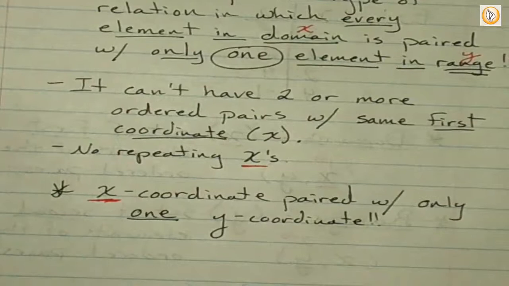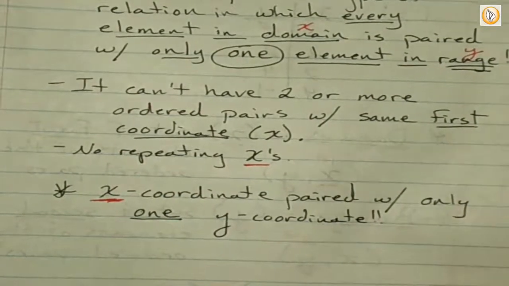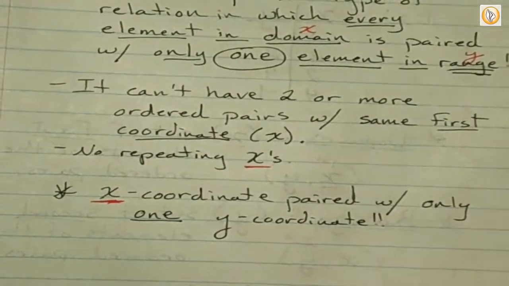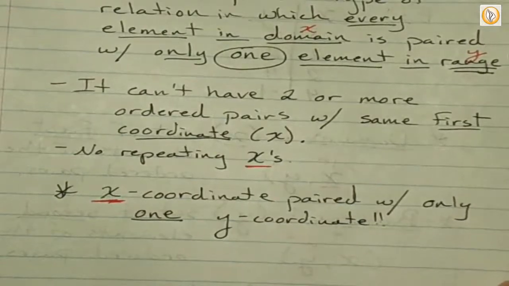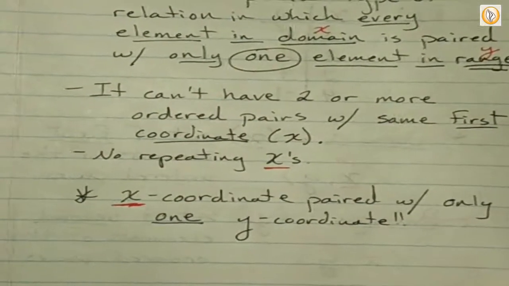Taylor, if you cannot see, you need to move up. That's fine. No, it's not fine. Move up so you can see. You got all this down? All right, move up.